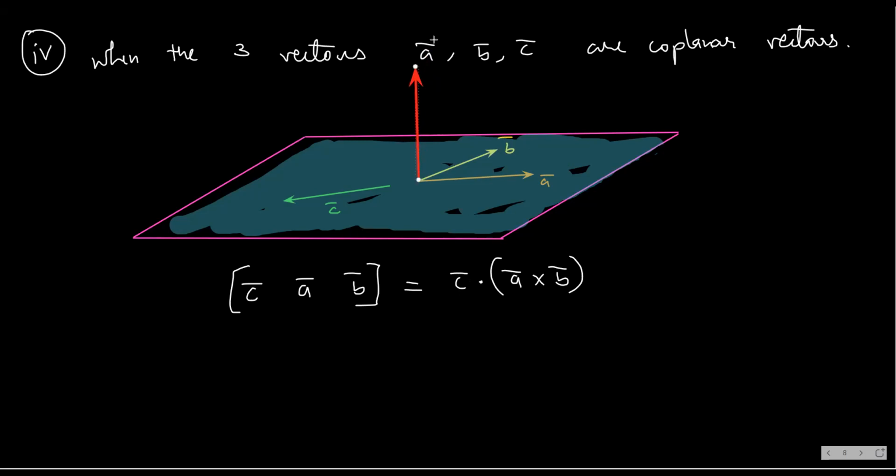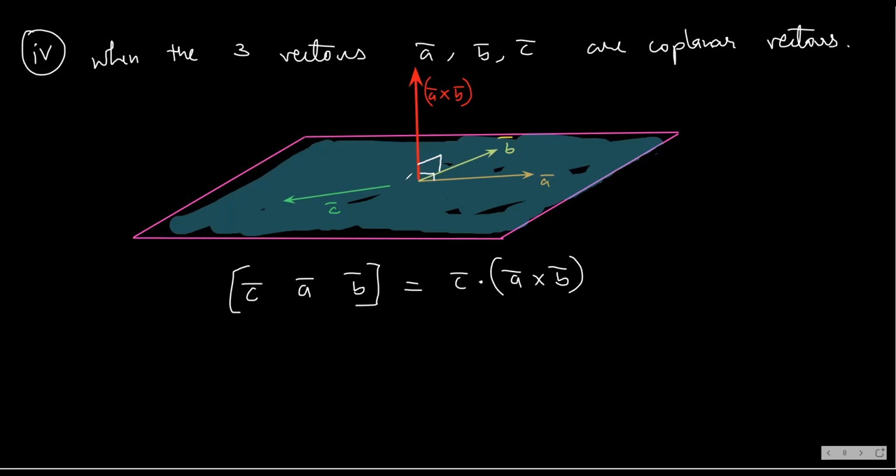Now, don't you see that this a bar cross b bar is perpendicular to the vectors b bar as well as a bar? Because of which it is perpendicular to both the vectors, and so it is now perpendicular to the plane.